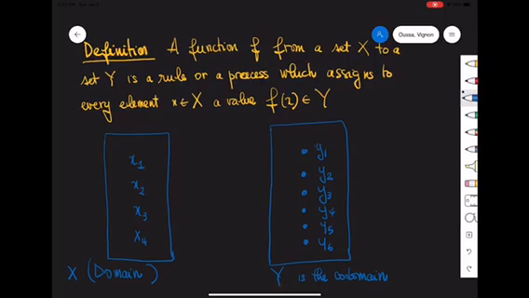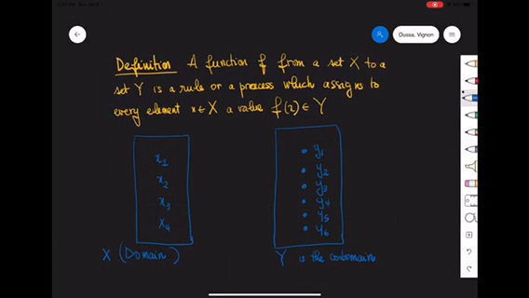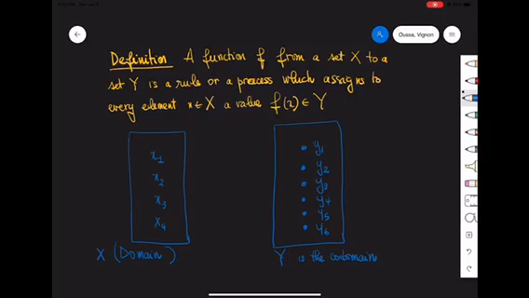So for instance, let's look at this function here. The set X, big X, contains 4 elements, x1 through x4. The set Y contains 6 elements, y1 through y6. And let's suppose we send x1 to y1, x2 to y2, x3 to y3, and x4 to y4.